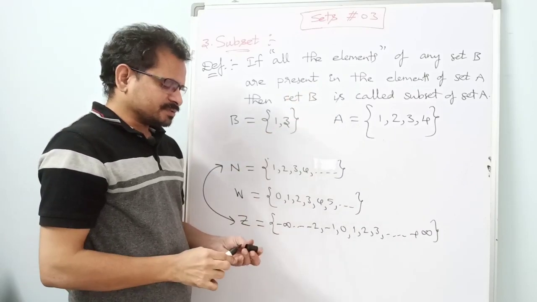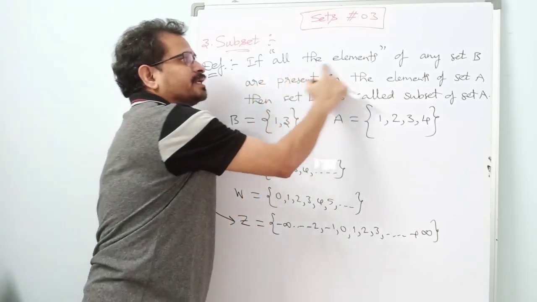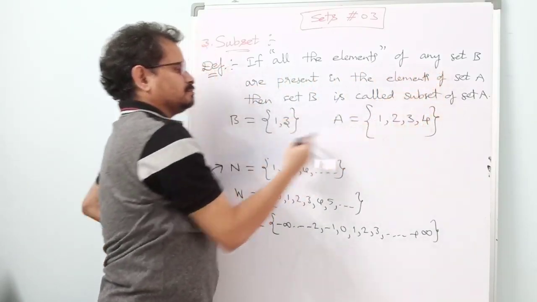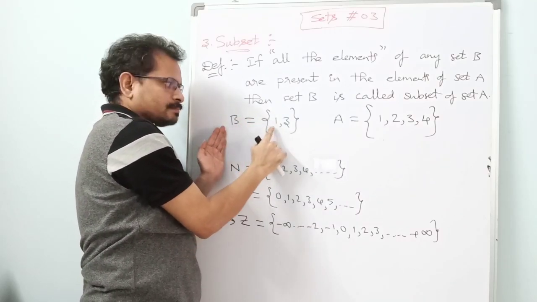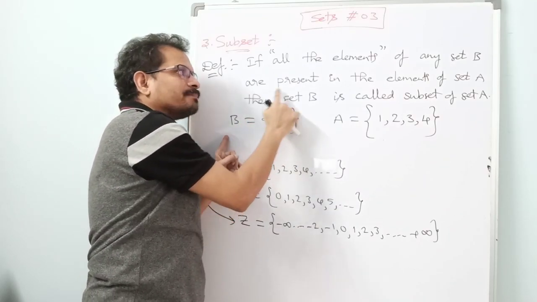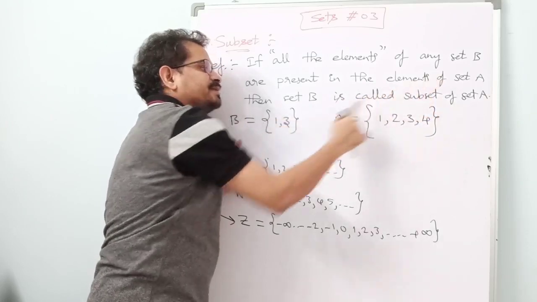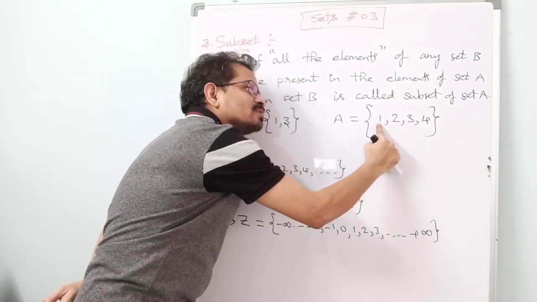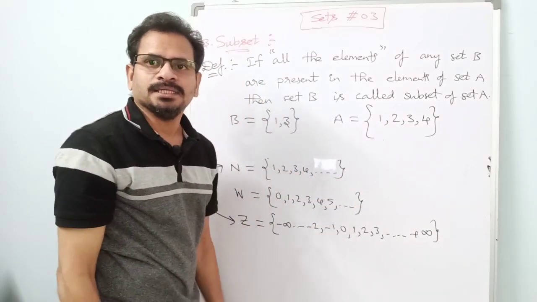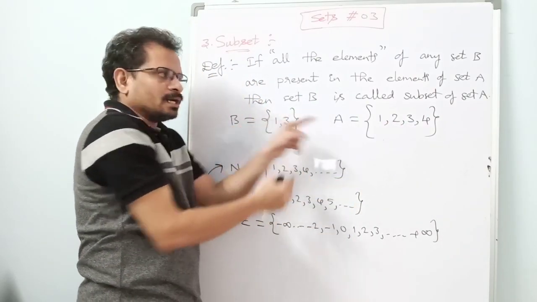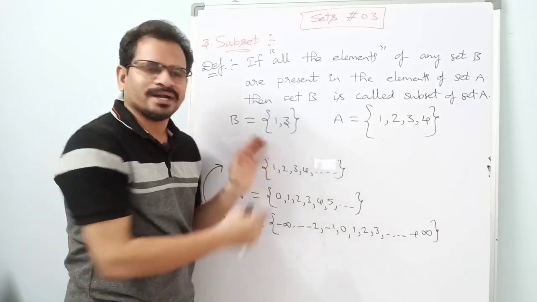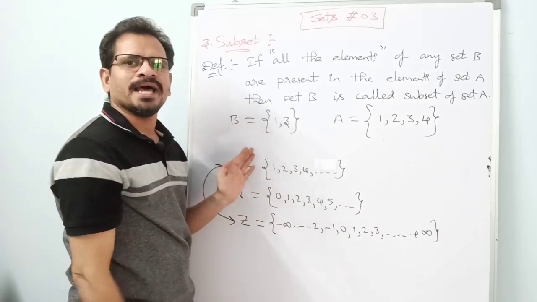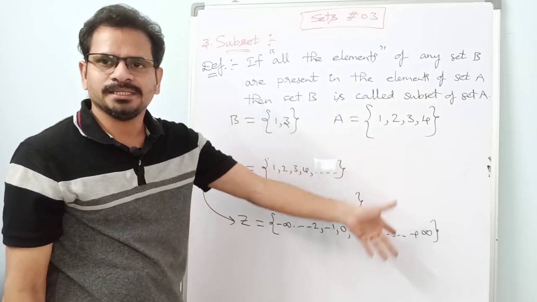Now compare with the definition. 1 and 3 are present in set A. Yes, 1 is there, 3 is there. All the elements of set B are present in set A. Now set B is called a subset of set A. Very simple.